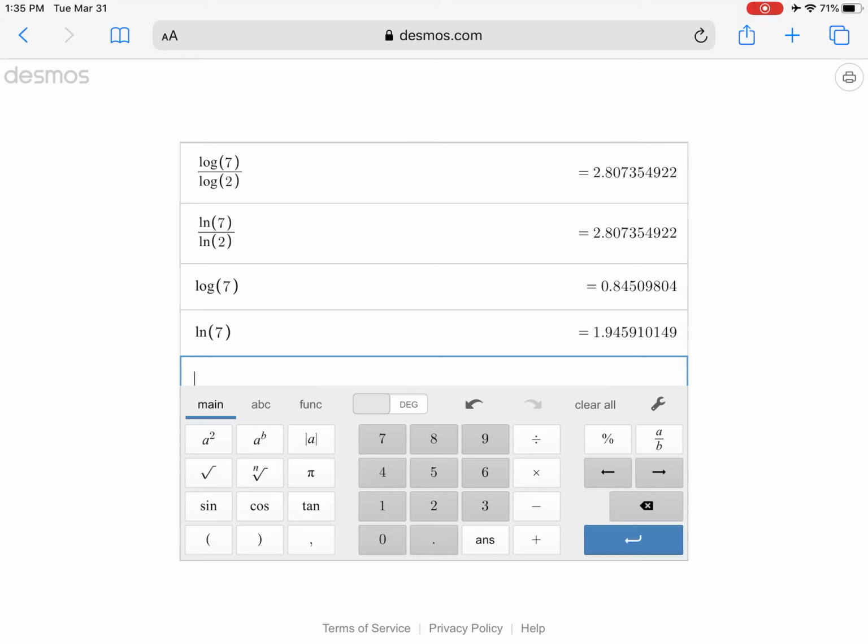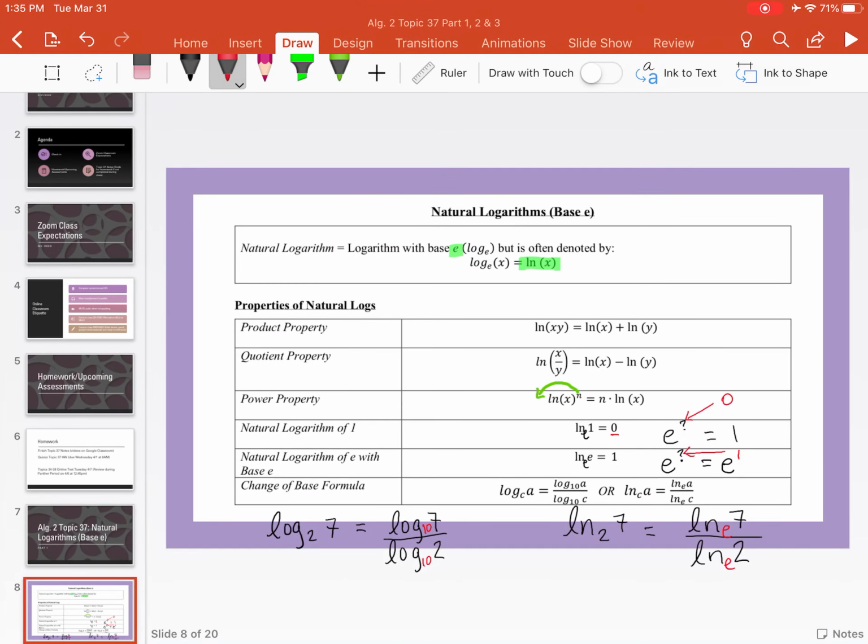We have different numerators because we're dealing with different bases. We're dealing with base of 10 or Euler's number for the natural log. So even though they might look different when you plug them in separately for numerators and denominators, the overall answer in the end will be the same. So they will both equal 2.807. And that's because we have the same proportions.